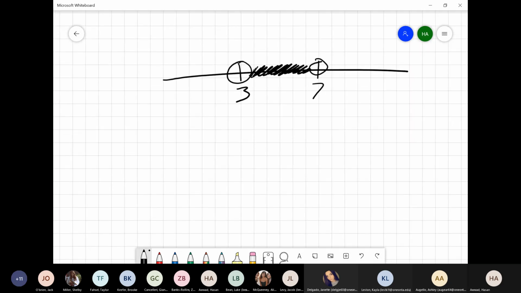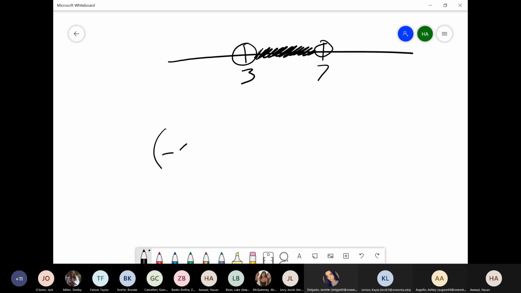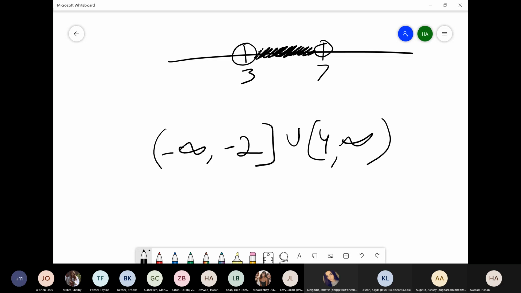If we also had something like from negative infinity to negative 2, bracket, unioned with 4 to infinity, because we've seen this come up a couple times, specifically with absolute values now. When we're working with absolute values with inequalities, we've seen this compound interval show up.